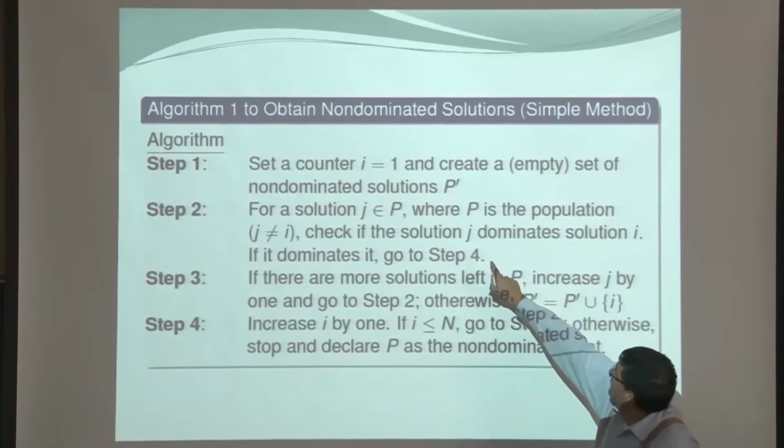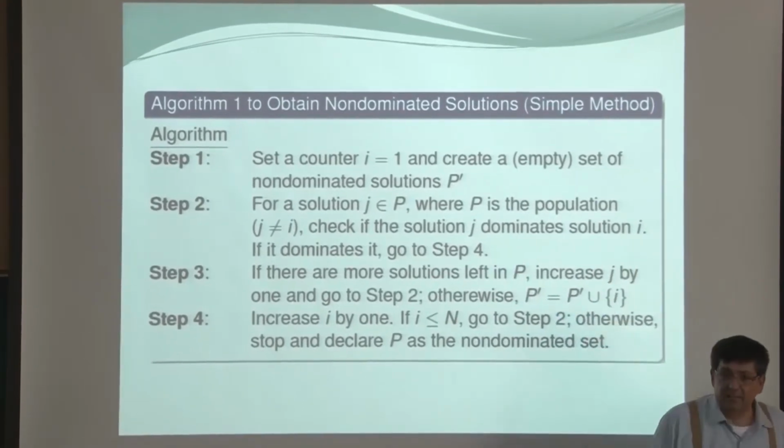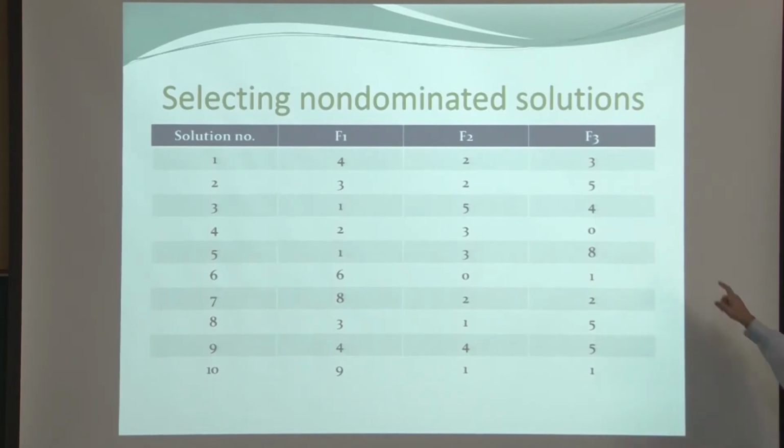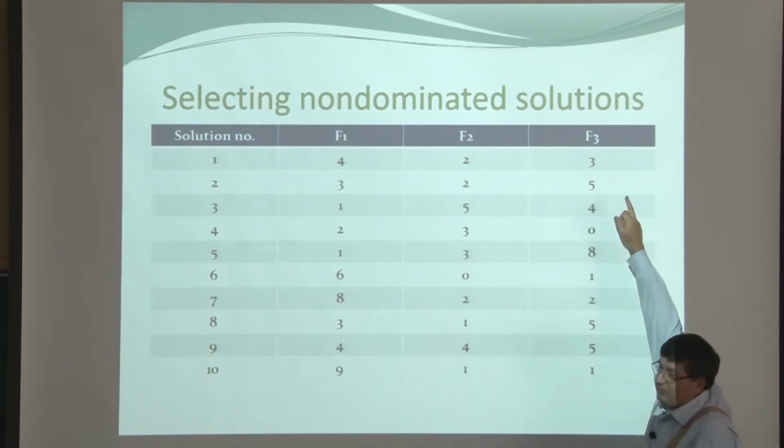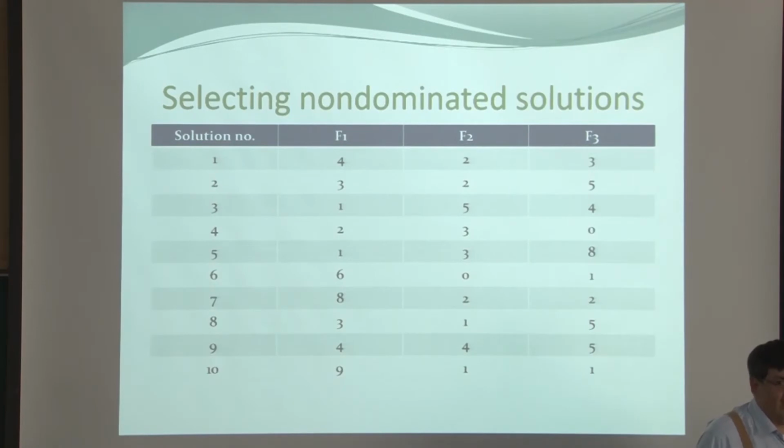You are going to check if J dominates I. So can you tell me if solution 2 dominates solution 1? To dominate, it has to be less or equal in every objective and strictly less in at least 1. So you can see 5 is greater than 3. So it does not dominate.